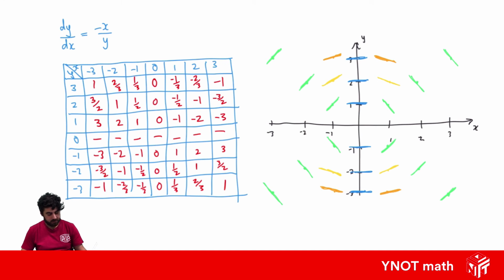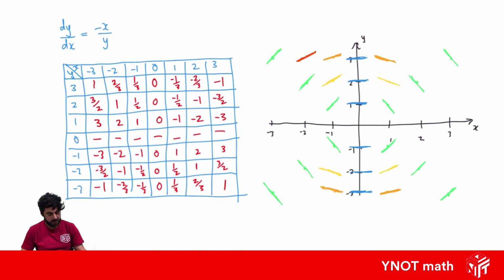Let's look at gradients of 2/3. So we have one at -2, 3. So somewhere in between 1 and a third, so something like that.